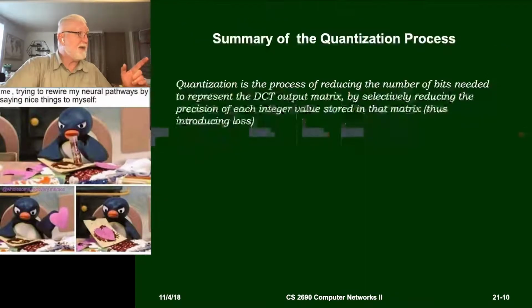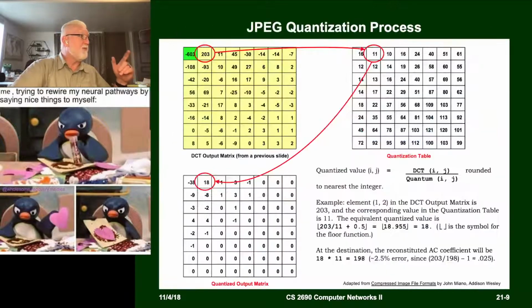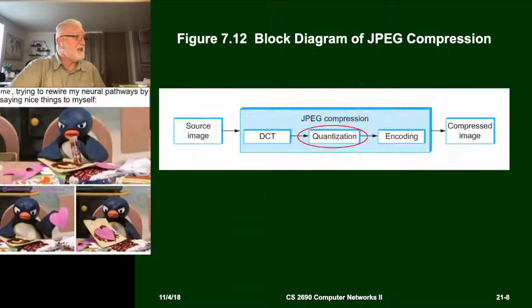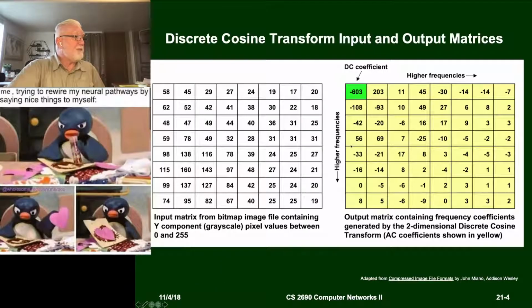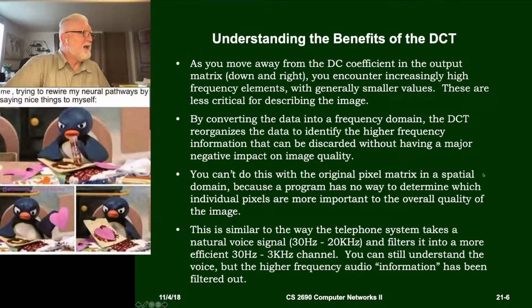Once I have this DCT output matrix, which is what we were building right here through magic, once we build this table, which has higher frequencies down the lower right, as you can see there on the axes, kind of X and Y, right?